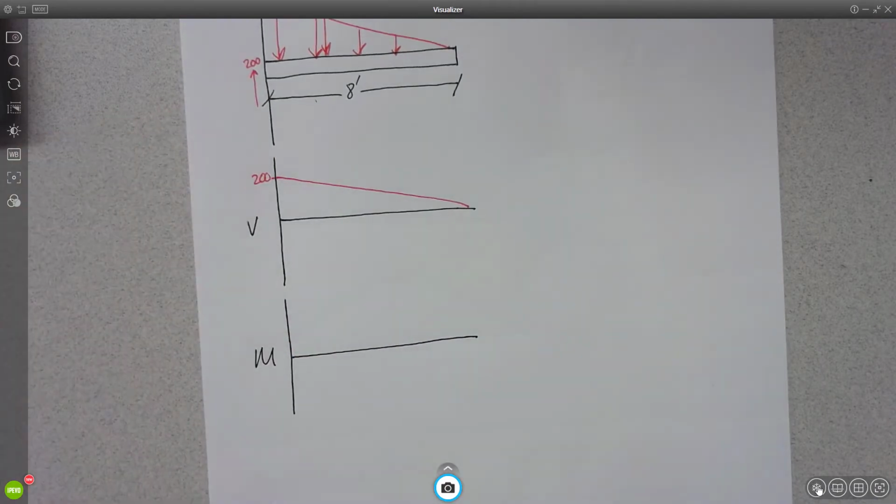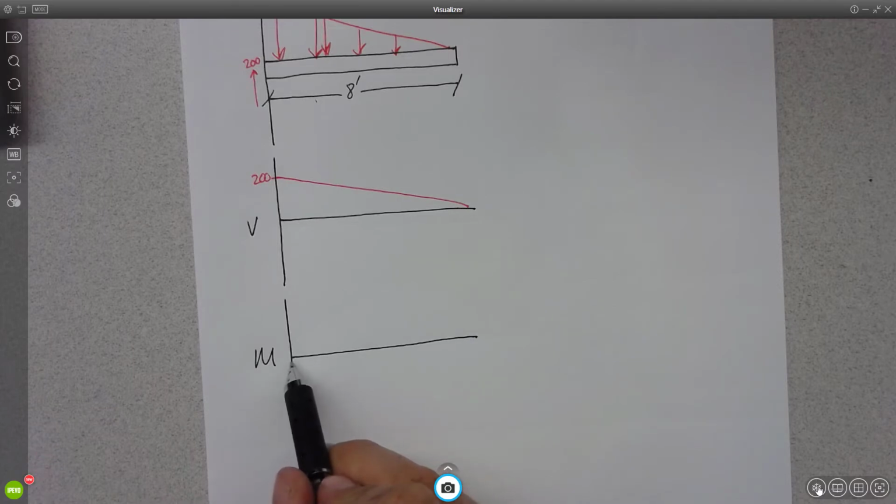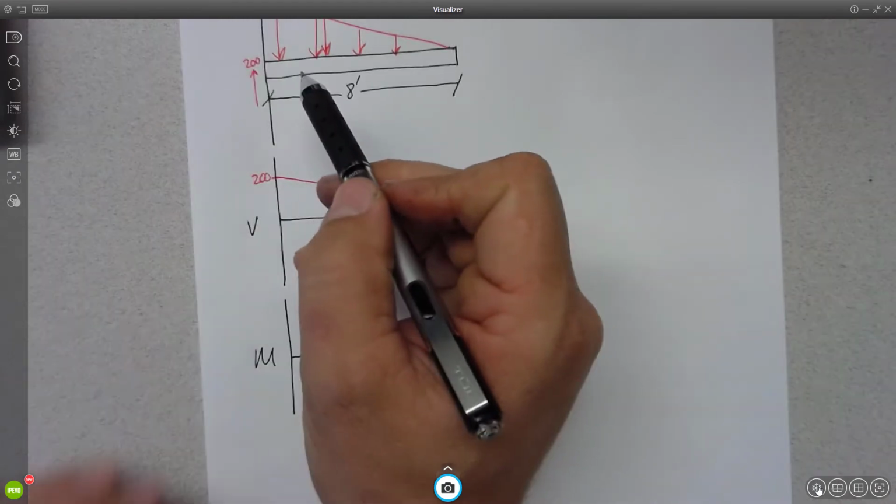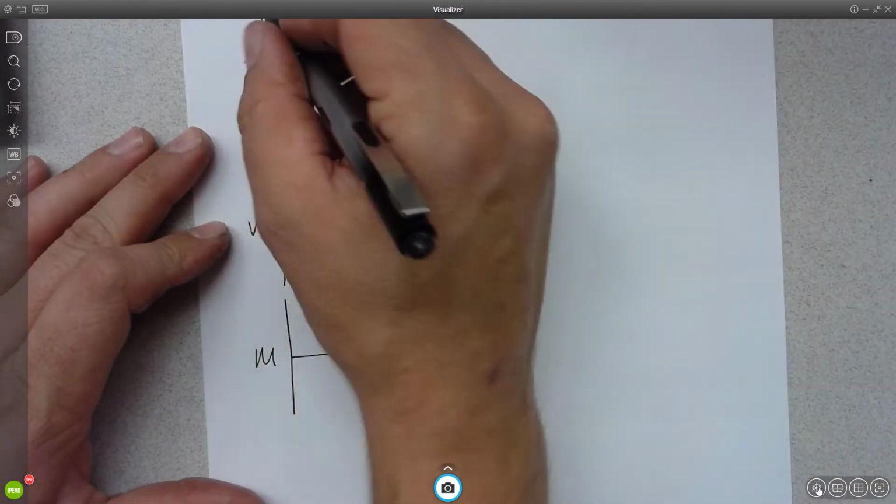What will our bending moment diagram look like? A curve? How does it start, though? Does it start at 0 here?